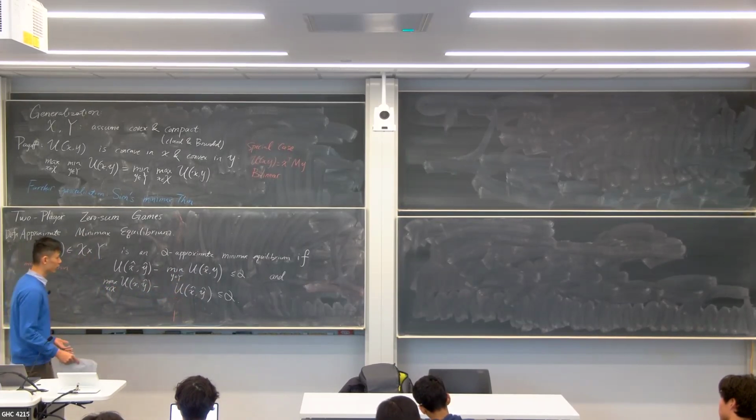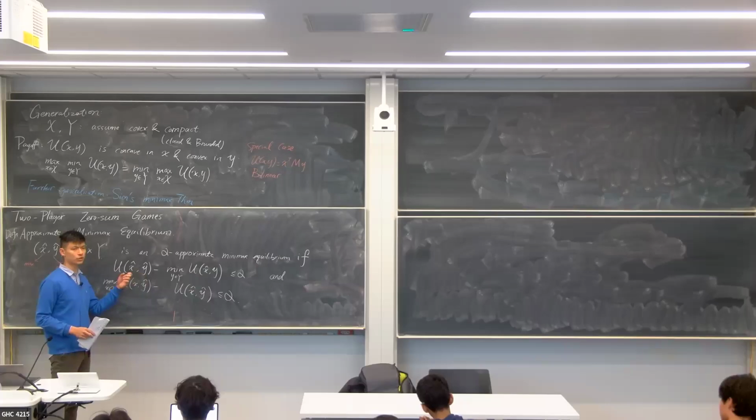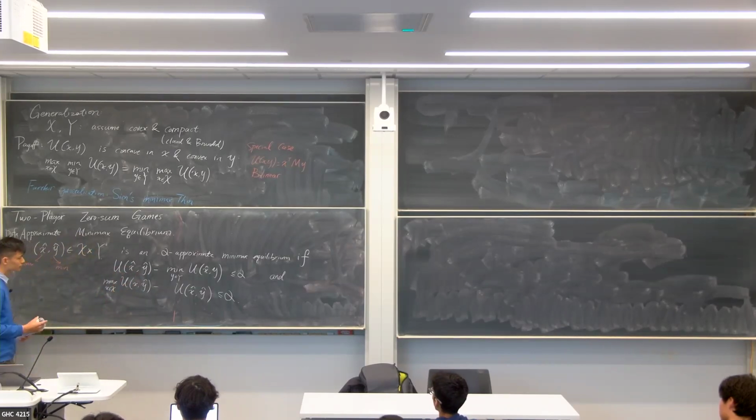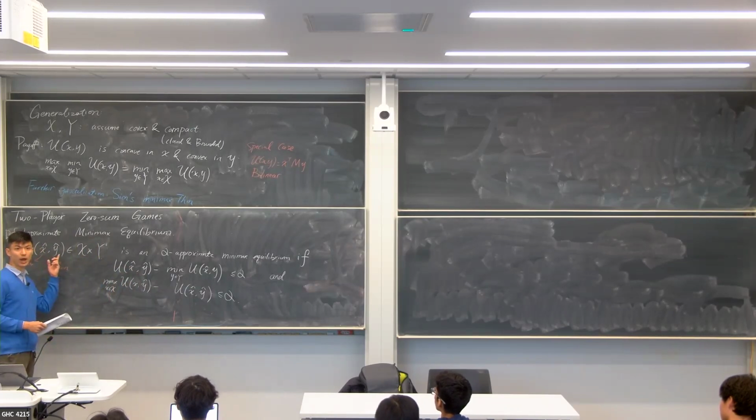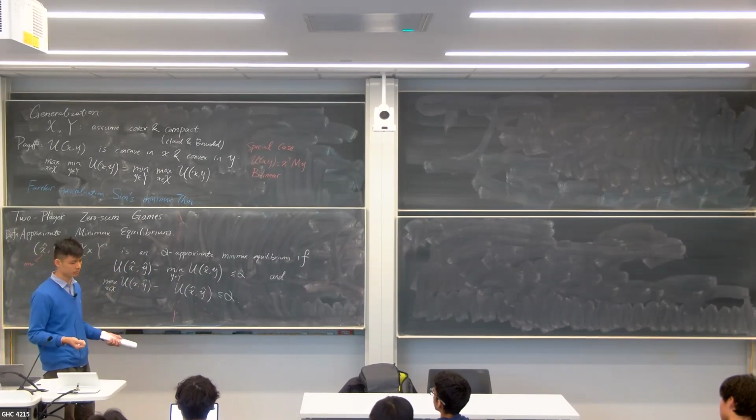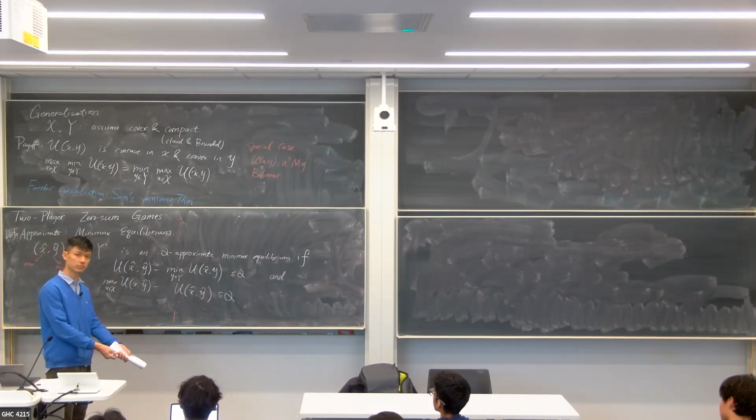So what are these inequalities? u of x hat, y hat is how much money the player x, the maximization player, is getting. If you're the minimization player, currently you're playing y hat. An equilibrium is a pair strategy that the two of you simultaneously decided.